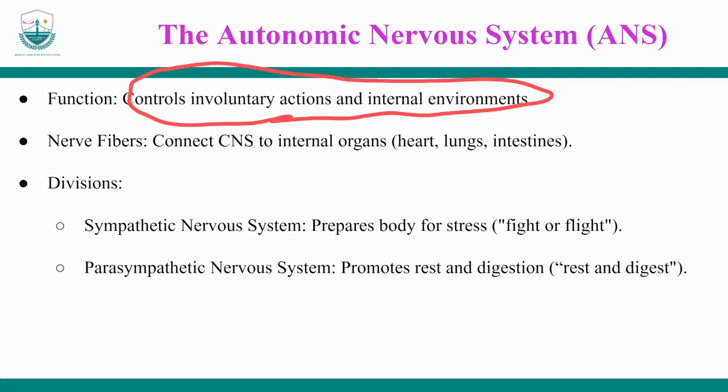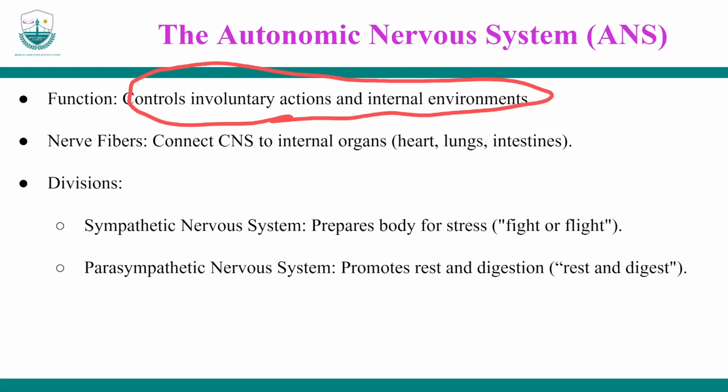All these require a supply of nerve fibers that can help in making sure that these different actions, whether it is the dilation of the bronchioles, or making sure that you have sufficient supply of blood to the GIT such that absorption happens and things like that, all these are controlled by the autonomic nervous system.